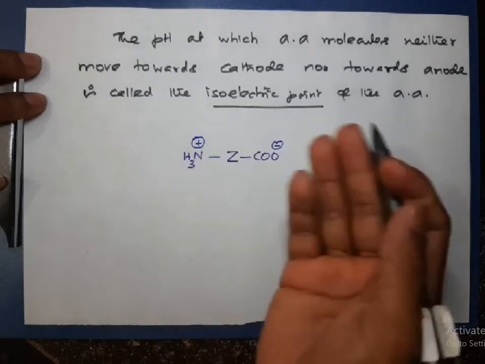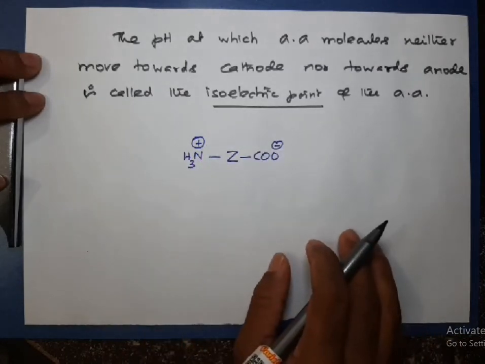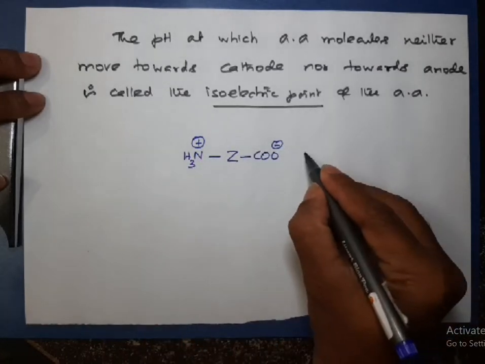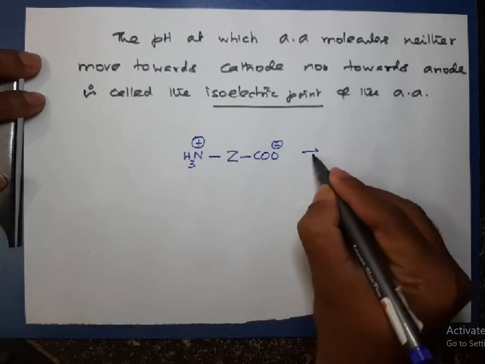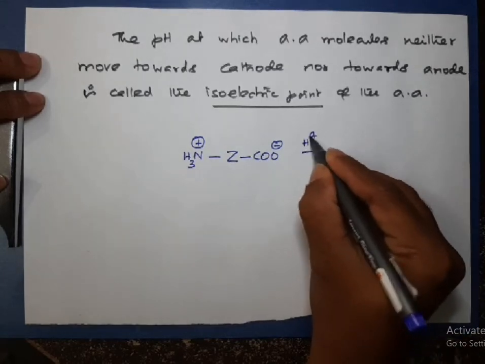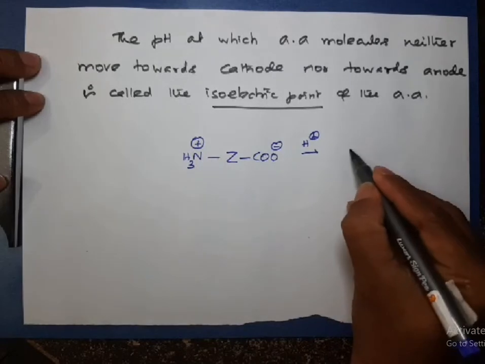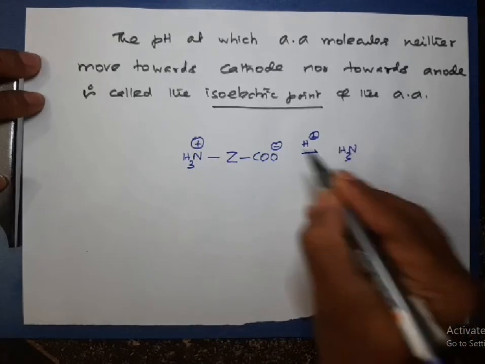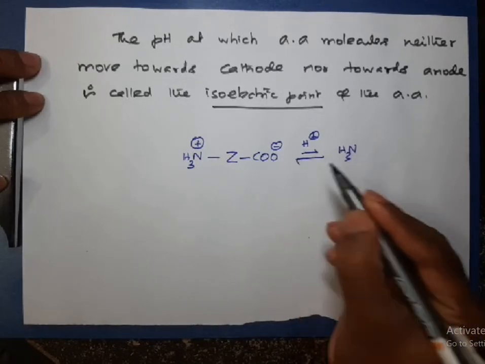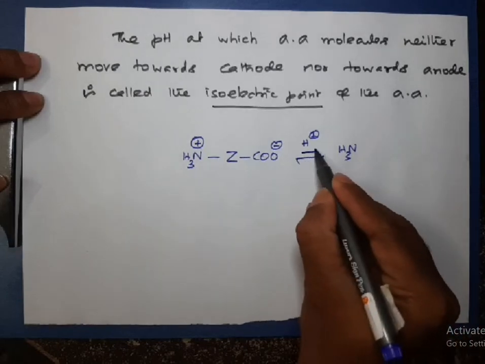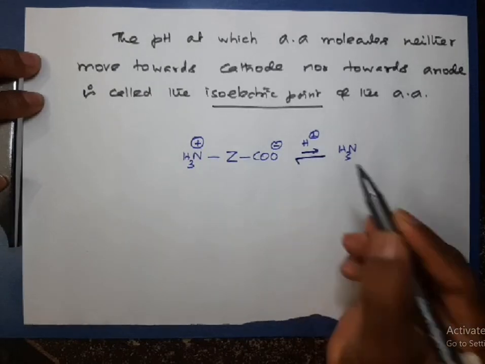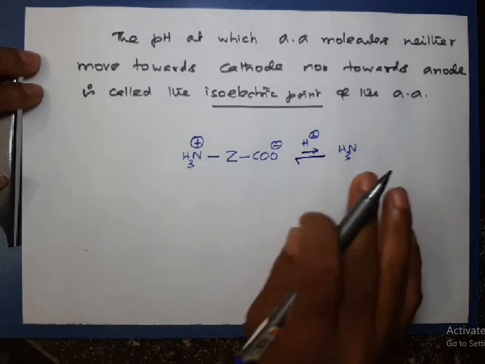It will become the conjugate acid. So let me add H plus here. That is in low pH. I'll put this line shorter and this line longer. It has meaning, so you have to write like this only.